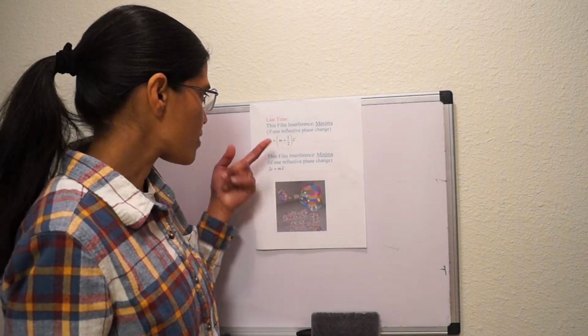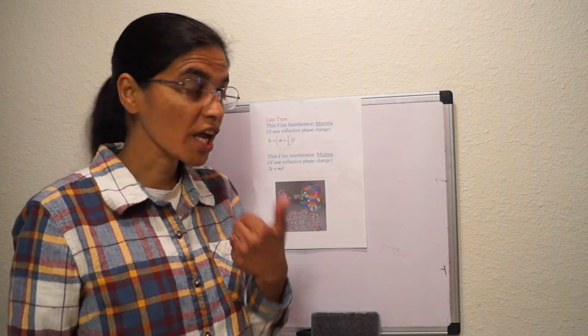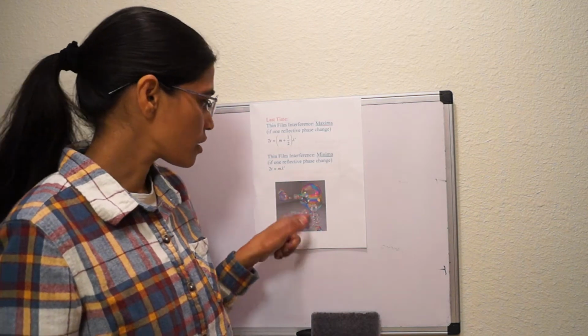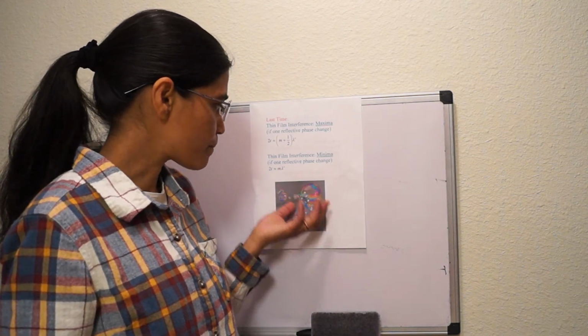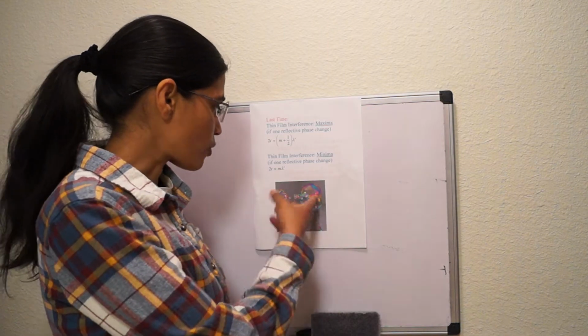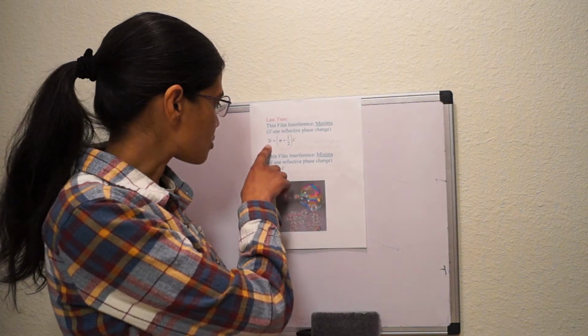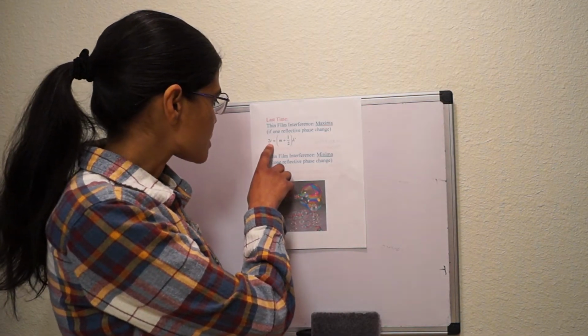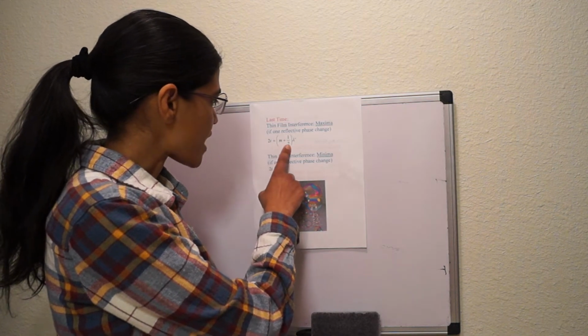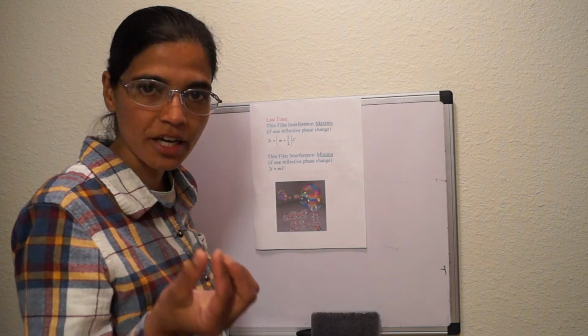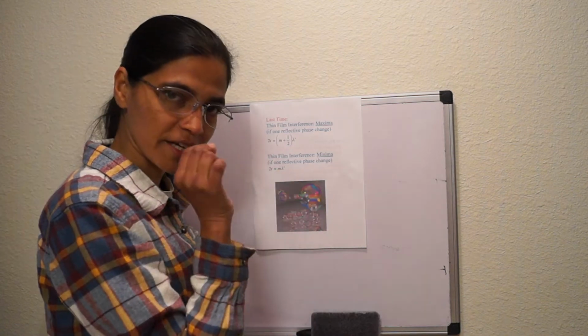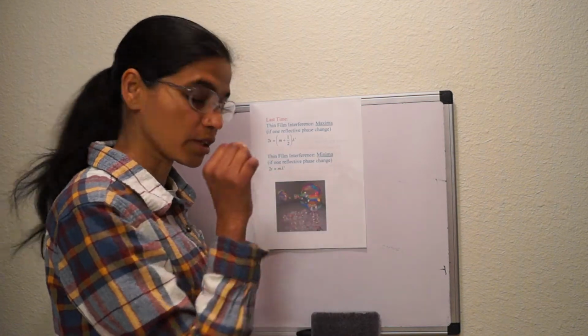Thin film interference occurs when there is one reflective phase change, then the object would be bright, right? So the maxima will occur when we have this condition where 2t equals (m plus half) lambda dash, where t is the thickness of the layer, the light entering through the boundary. In this case, it would be the thickness of a bubble.